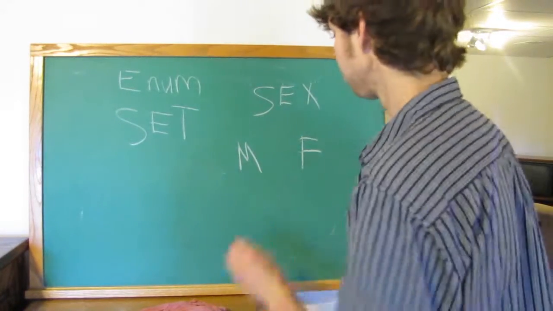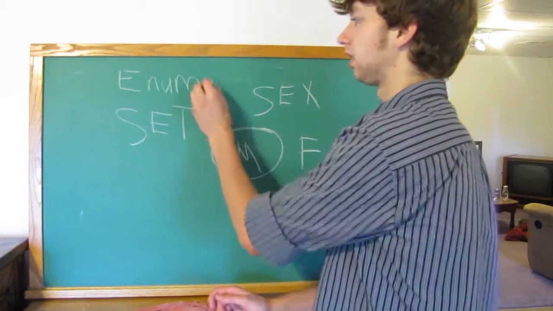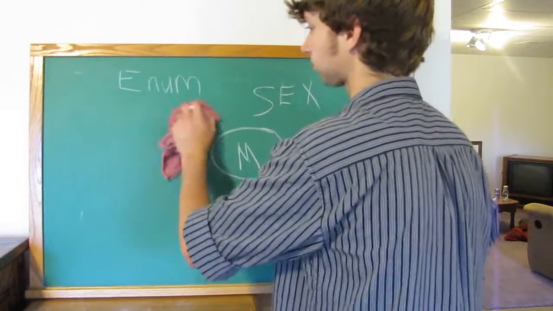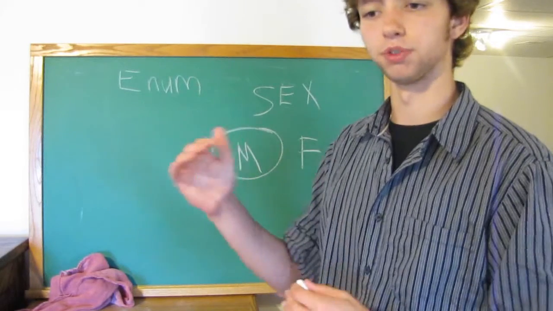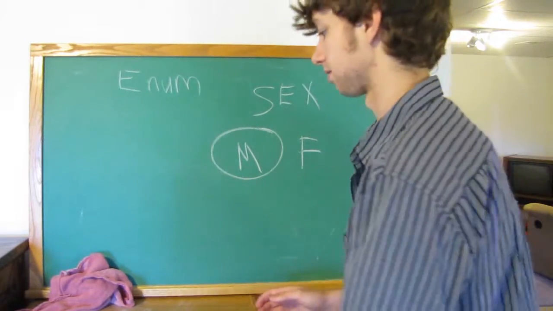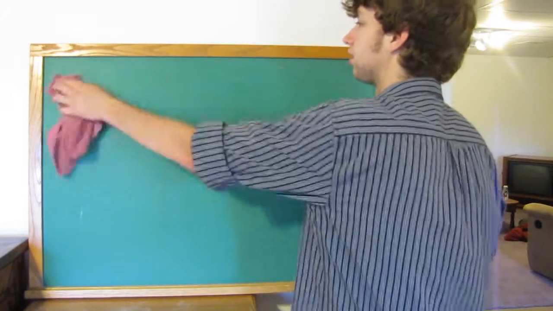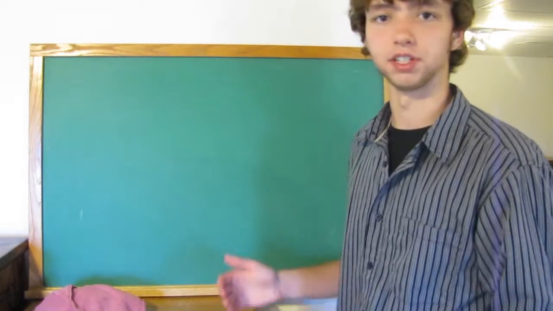Please choose one, and I'm a male. So this would be an example of an enum. Let's explain enum a little bit more. It allows you to choose one entry from a set of up to 65,000 options. So for example, the state you live in, you can choose one out of the 50 states.